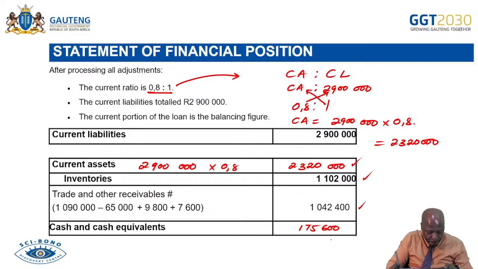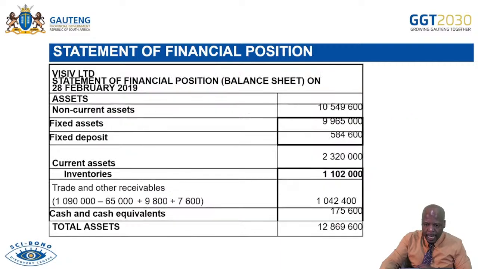Now, let's go and complete our current assets. Remember, here it has to be 12,869,000. All right, let me show you how we're going to close this.